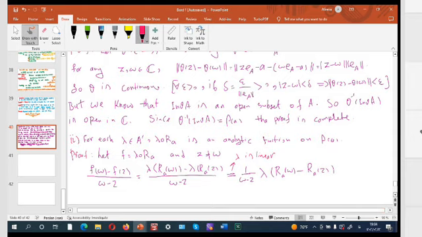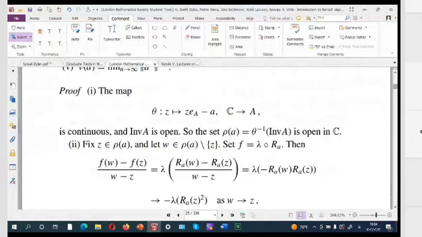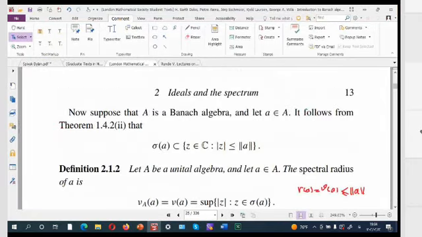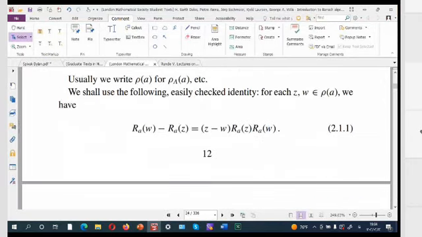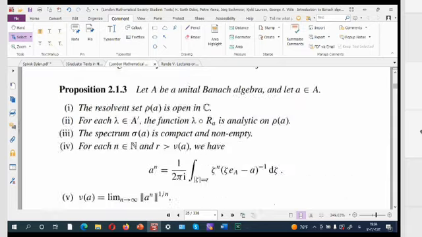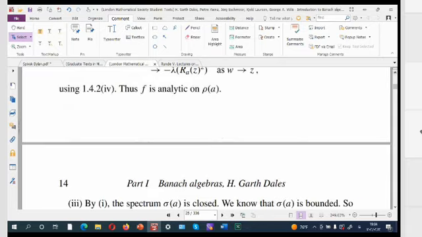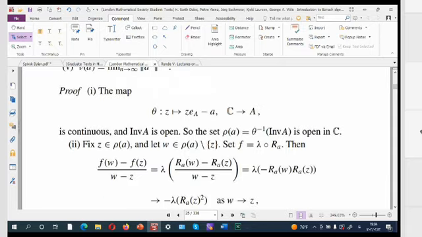And also we know that we have this equality, so that this is equal to z minus w, for example.